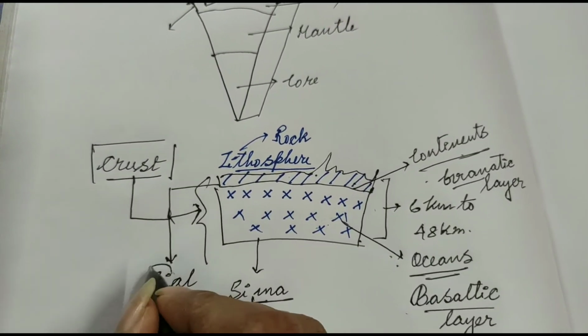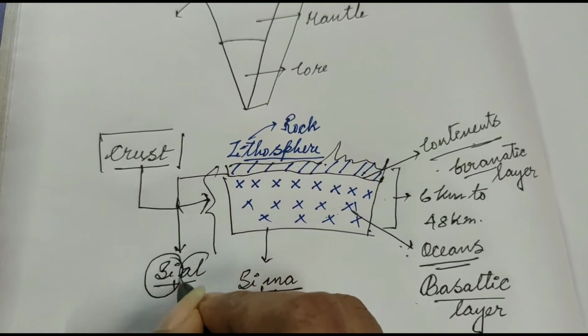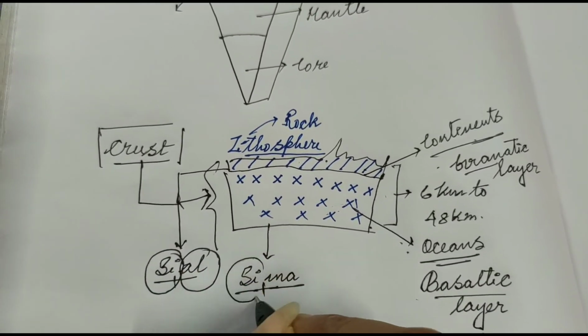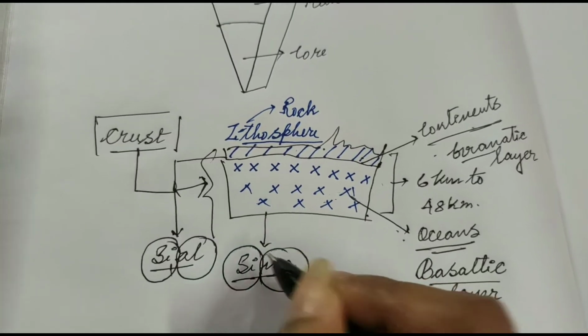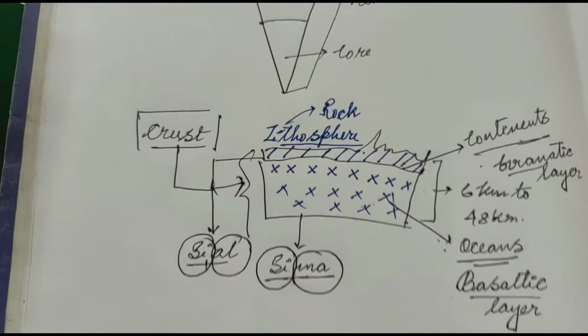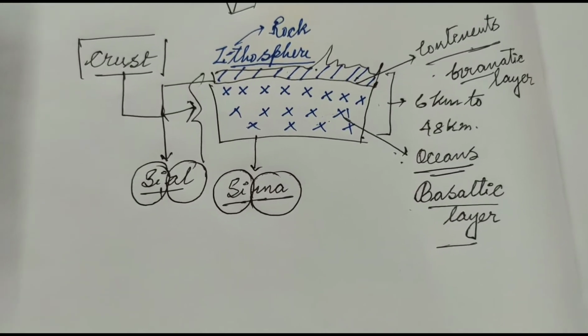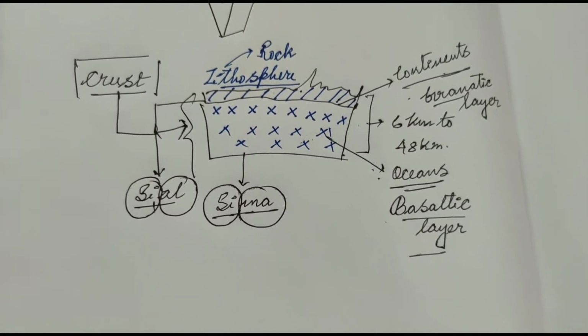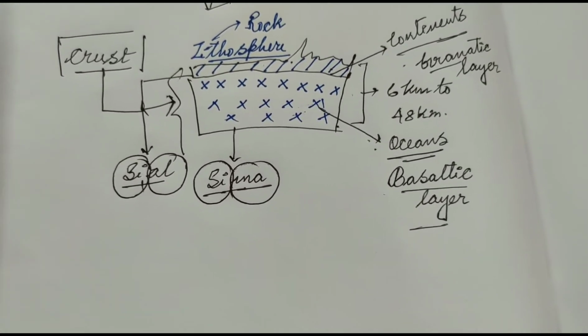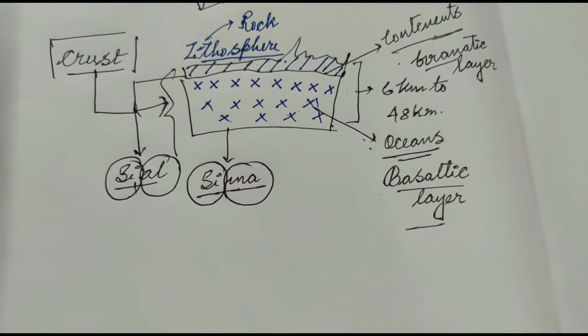So here are two components, Si and Al. The first one is the Sial, and the second one is the Sima.